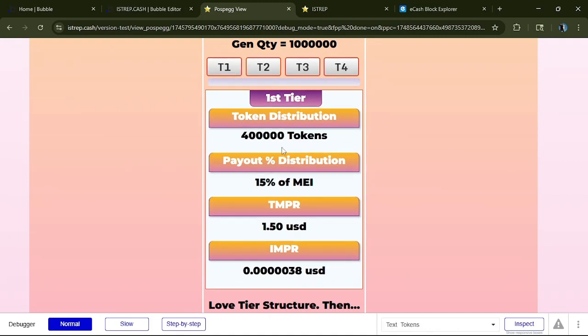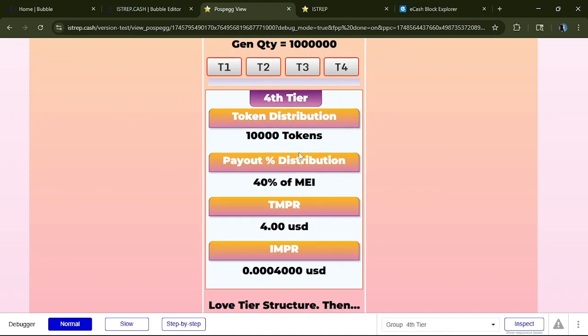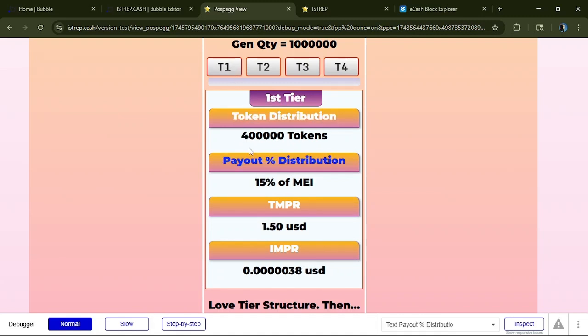You can see for our first tier, which is set up to be the biggest, we have 4,000 tokens here. We'll have 350 here, and 240 there, and then this one will only be 10,000? Sorry, 10 tokens, versus 4,000.